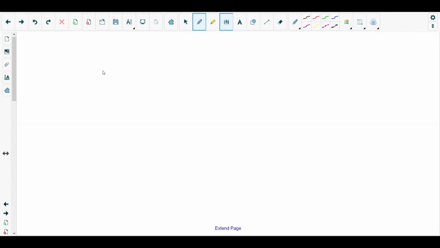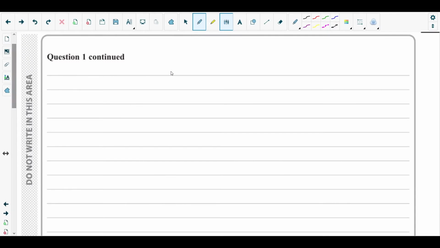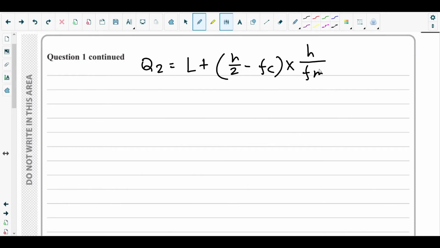Now we will use a direct formula for finding the median. Q2 equals L plus (n over 2 minus fc) times h over fm. This is an arranged formula derived from the interpolation method.